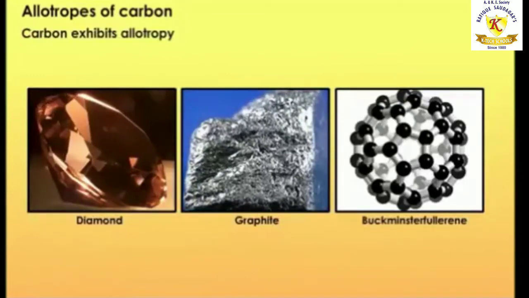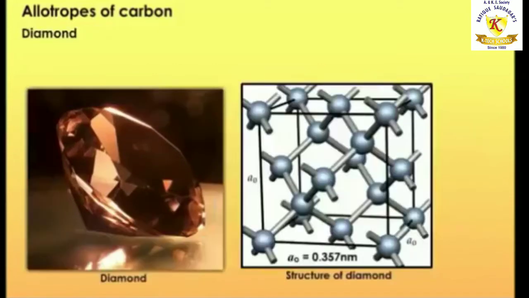Now carbon exhibits allotropy. The crystalline allotropic modifications are diamond, graphite and Buckminster fullerene, or just fullerene. Diamond. In diamond, each carbon atom is linked tetrahedrally to 4 other carbon atoms.